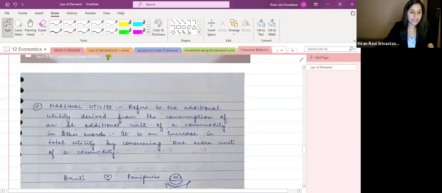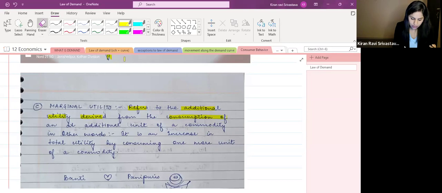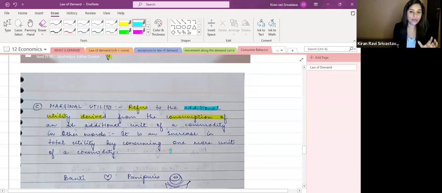Then next comes marginal utility. The third term is marginal utility. Marginal utility refers to the additional utility derived from the consumption of additional units. So instead of the word total, here the catch is the word additional. Whenever you study economics from now on, whether in the cost chapter or revenue chapter, marginal is always additional.